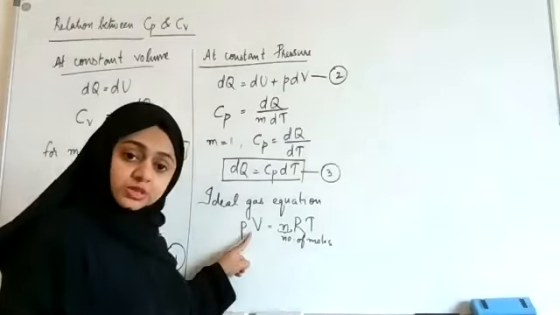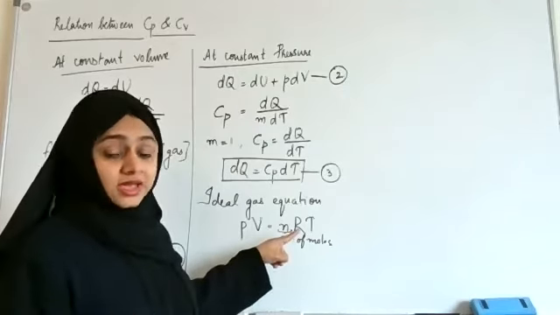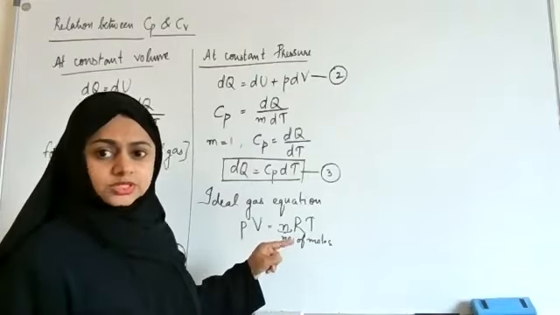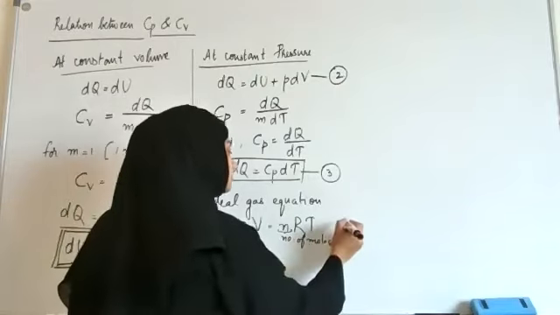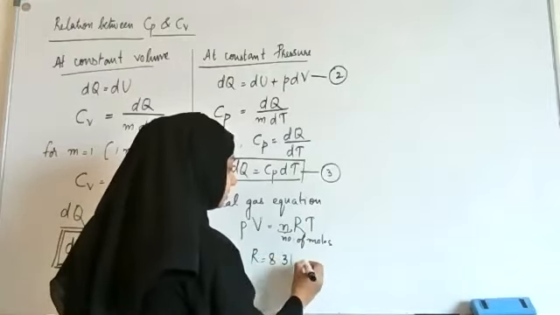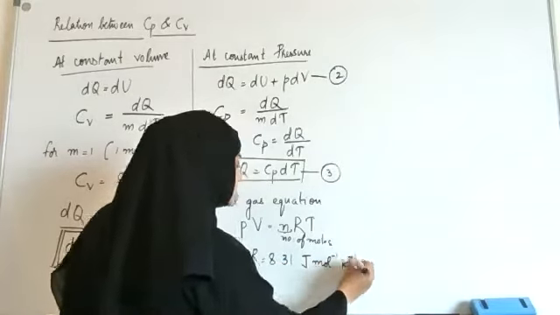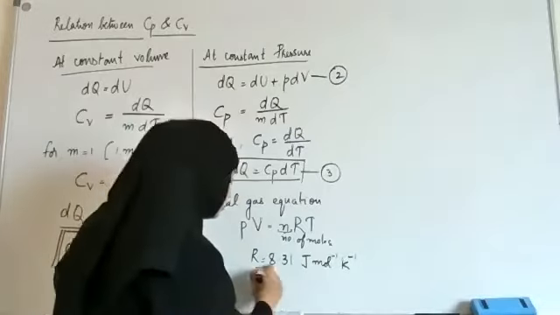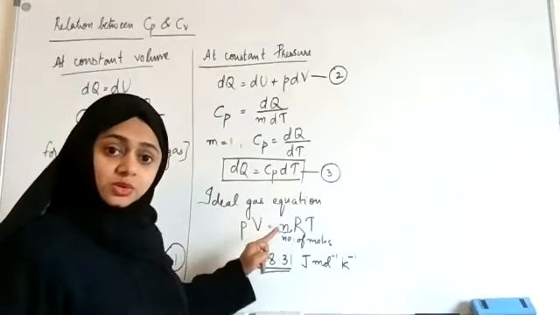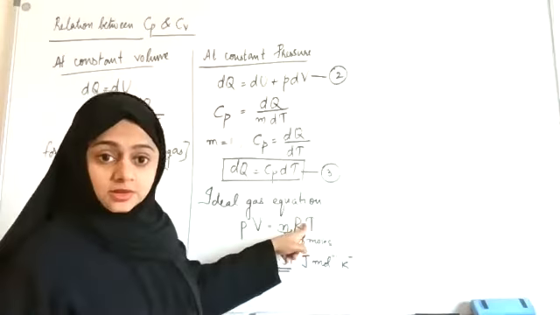P is the pressure, V is the volume, n is the number of moles, R is the universal gas constant. Do you remember the value of R? R is equal to 8.31 joule per mole per Kelvin. So these are quantities which you have to memorize. This is the ideal gas equation, PV is equal to nRT. T is the absolute temperature, which means temperature in Kelvin.